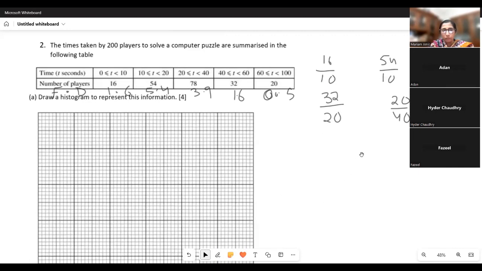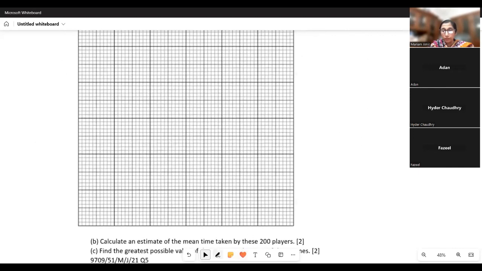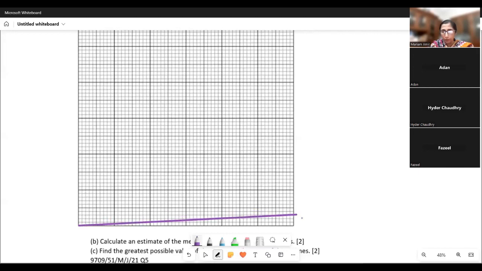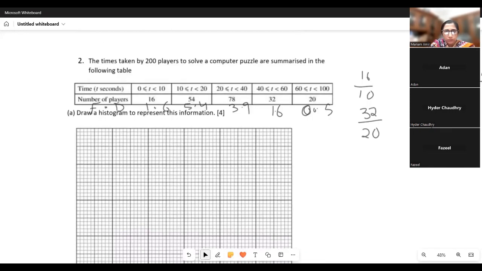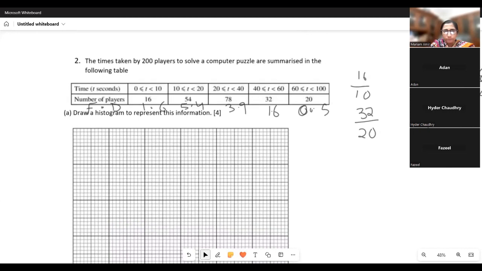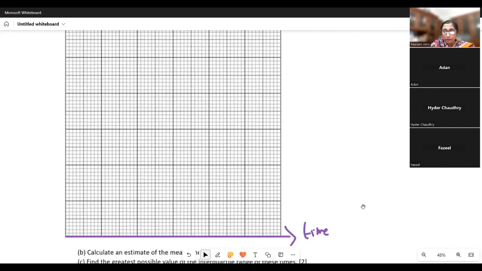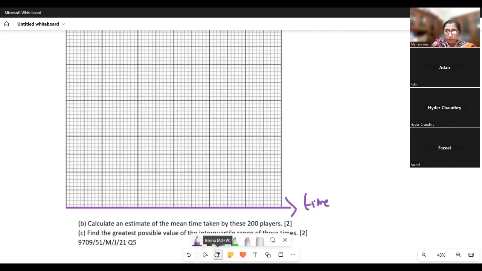Just like with other graphs, you have to make sure that you label the x and y axis properly. Otherwise, you lose 1 mark for not labeling. Here it's time taken, in seconds. So time in seconds.